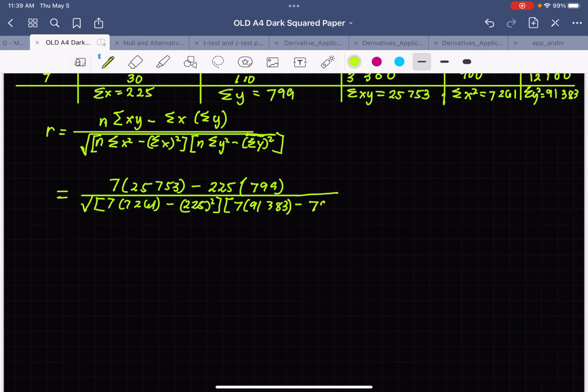The summation of y is 799, but you need to square it. Okay, so that's now the equation, and we need to simplify.